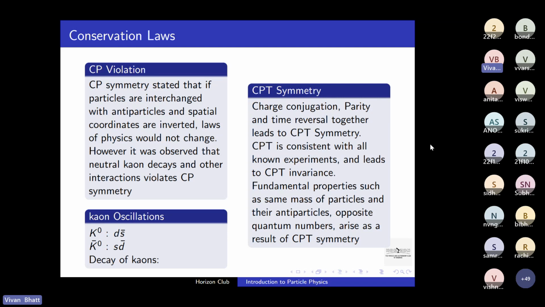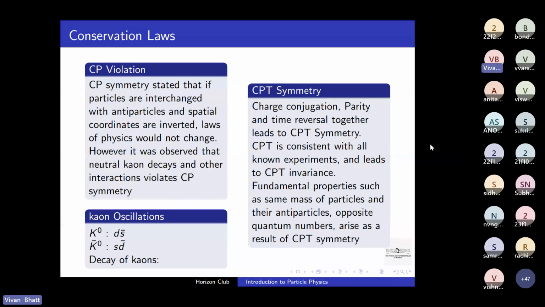These K0 and K0 bar are the two strangeness eigenstates, in the sense that they are the states we observe. But there are also CP eigenstates that we can construct with those. So you can make two possibilities. The one with an anti-symmetric wave function, K01, will be 1 by root 2 times K0 minus K0 bar, where we need the 1 by root 2 to normalize the function. And then K02 will be 1 by root 2 times K0 plus K0 bar.